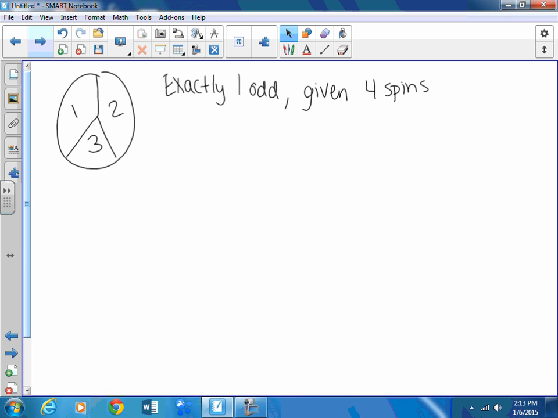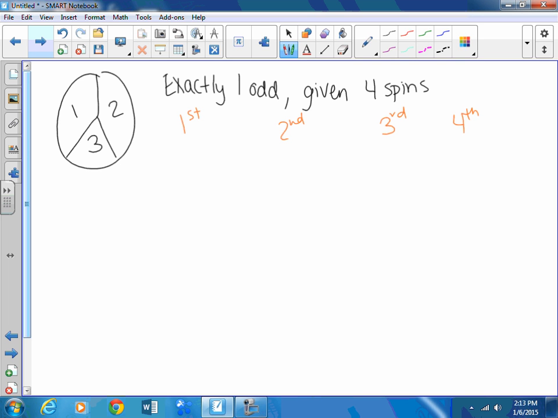There are a bunch of different combinations of spins that can give me what I want. So here's my first spin, here's my second spin, here's my third spin, here's my fourth spin.